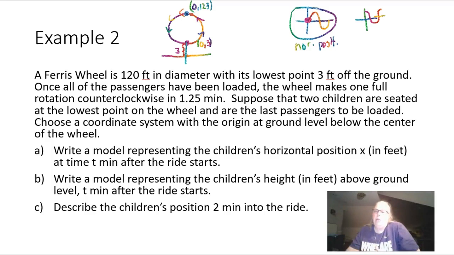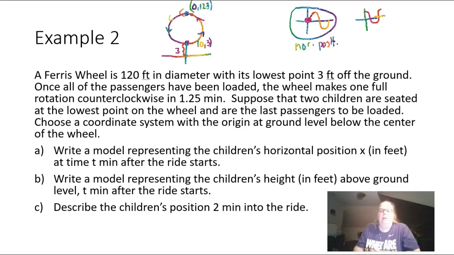Now I know that's a little bit counterintuitive because we said that sine goes with the y coordinate, cosine goes with the x coordinate. But we're going to do this backwards because of the way that the graph goes. The sine graph goes up first and then down, and the cosine curve goes down first and then up. And these guys in the Ferris wheel are going to be moving positive, that would be an upward direction on a graph, before they start moving in a downward direction, which is negative.